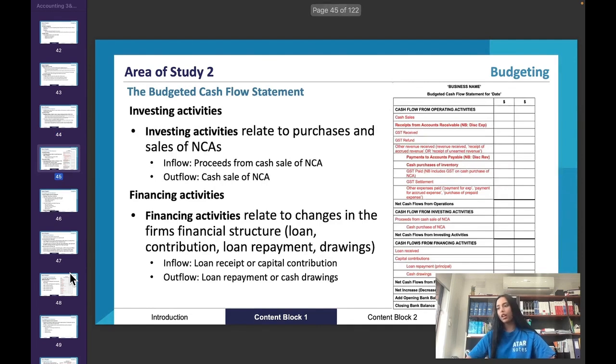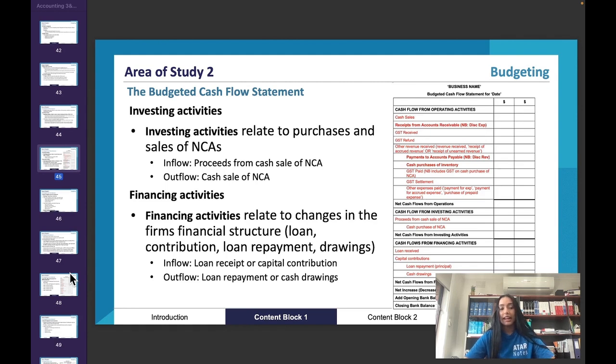Our budgeted cash flow statement also includes future investing activities and financing activities sections. Obviously, investing activities is cash inflows from the cash sale of a non-current asset, and cash outflows from the cash purchase of a non-current asset.